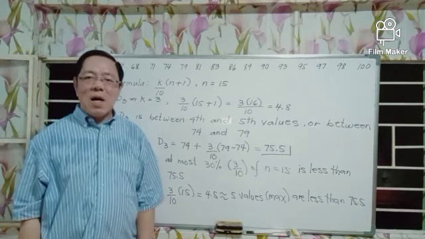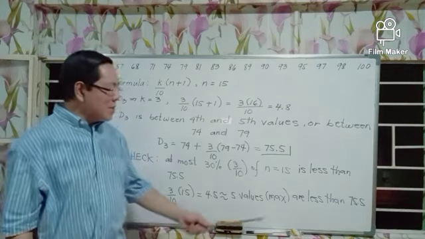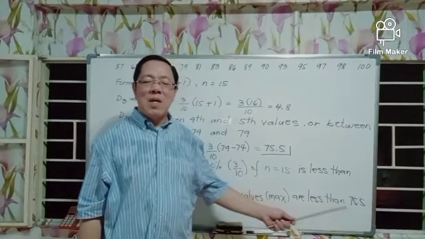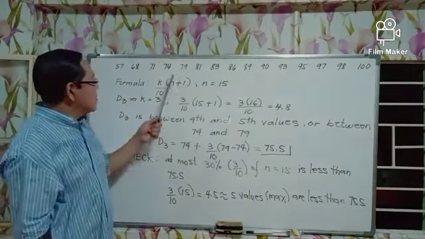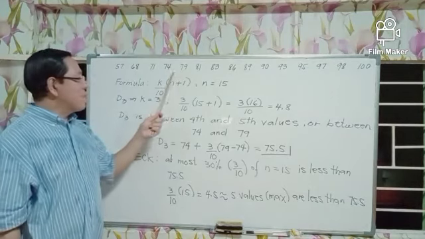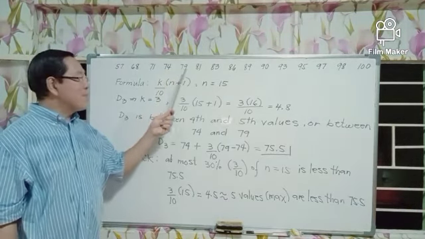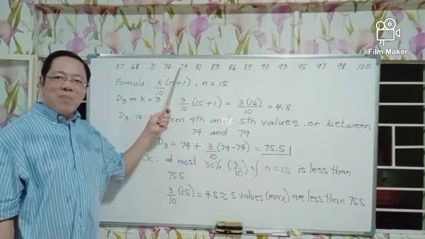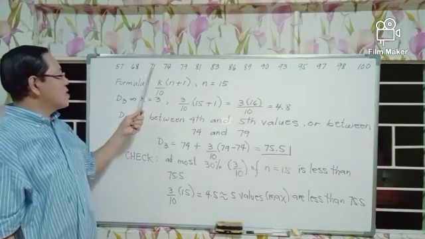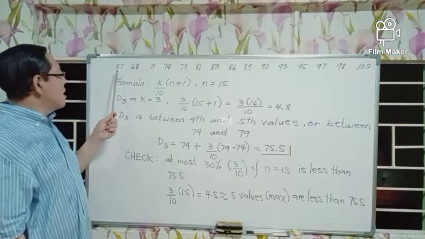Now we actually count how many values are less than the third decile 75.5. And it should be 5 or less. 75.5 is between the fourth value 74 and the fifth value 79. And the values less than 75.5 are 74, 71, 68, and 57.